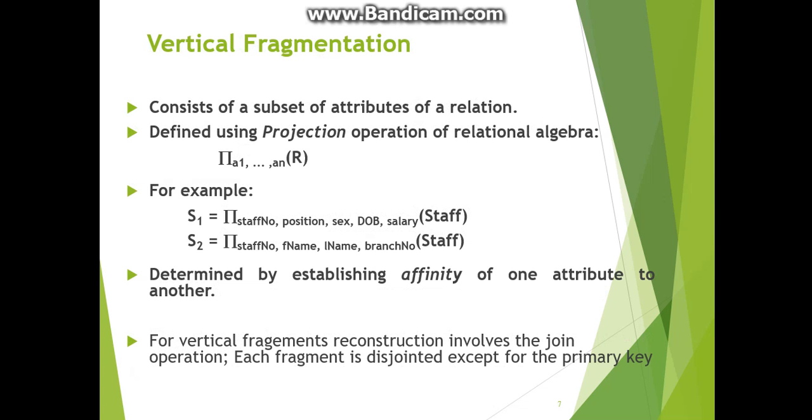In subrelation S2, staff number, first name, last name, and branch number will be selected. Vertical fragmentation is determined by establishing the affinity of one attribute to another. For vertical fragments, reconstruction involves the join operation. Each fragment is disjoint except for the primary key. So vertical fragmentation is a subset relation created by a subset of columns, and the project operation of relational algebra is used for this purpose.